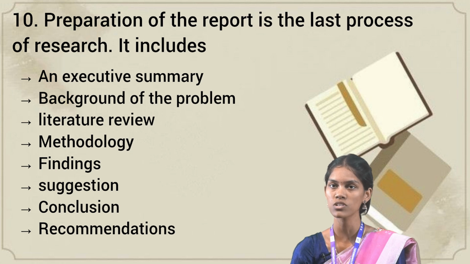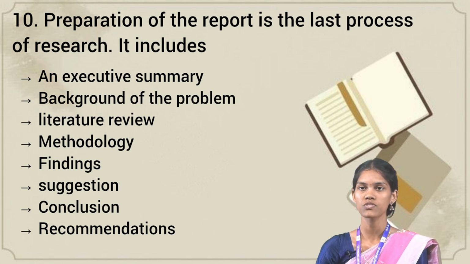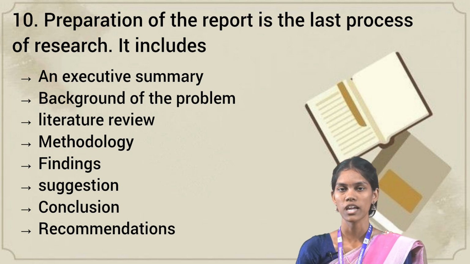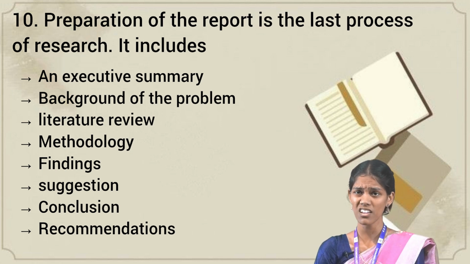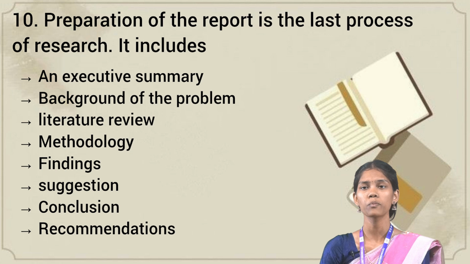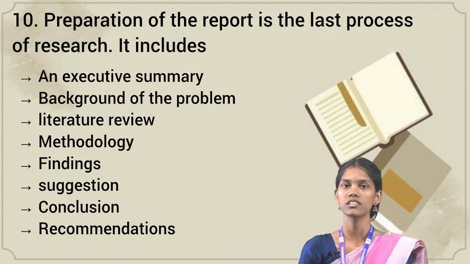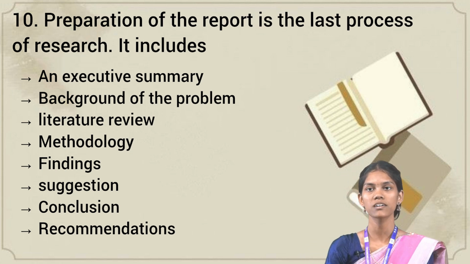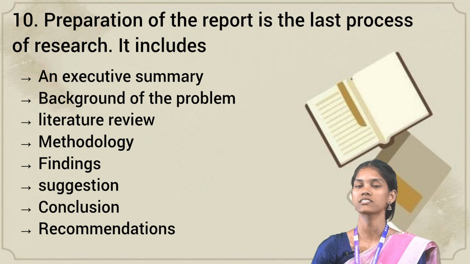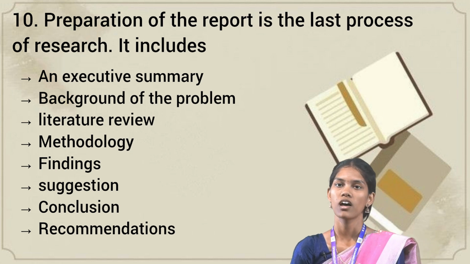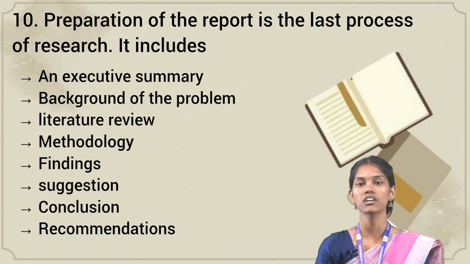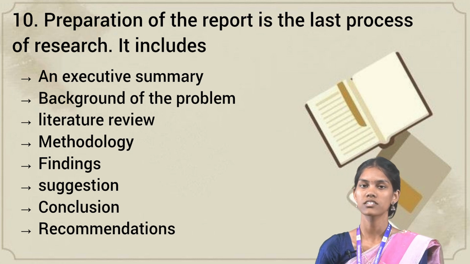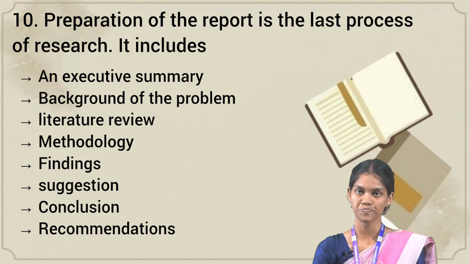A report must include an executive summary, a brief statement about the research problem. Next one is background of the problem. The researcher should mention the background of the problem, why he has taken the problem. And the next step is literature review.